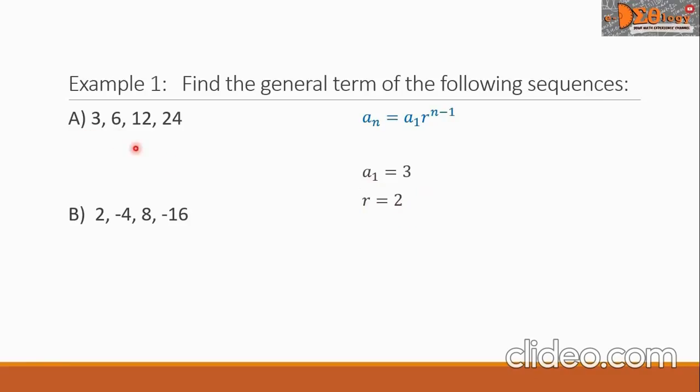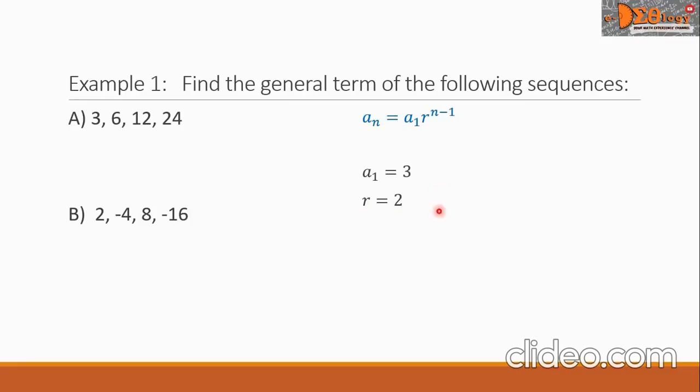Or we can take another pair, this 12 divided by 6 is also 2. Or this 24 divided by 12 is also 2. So the common ratio is 2.